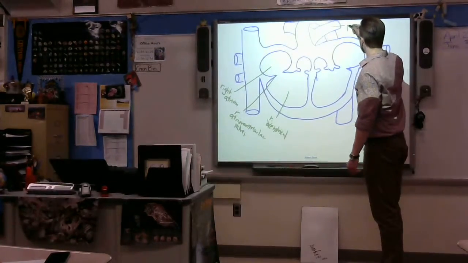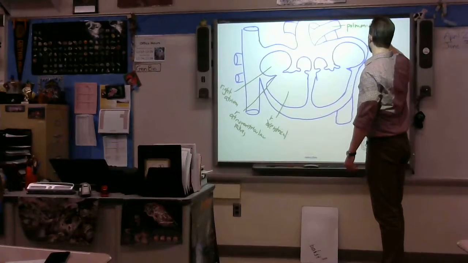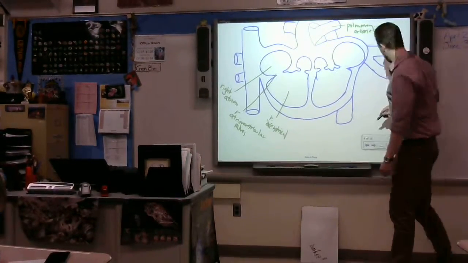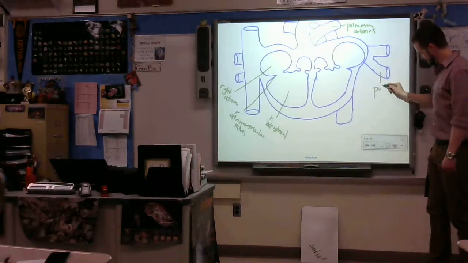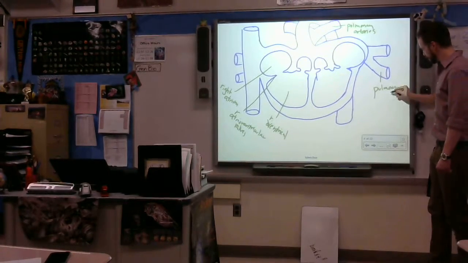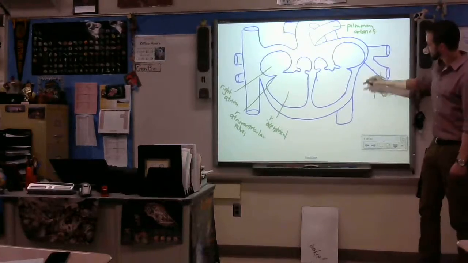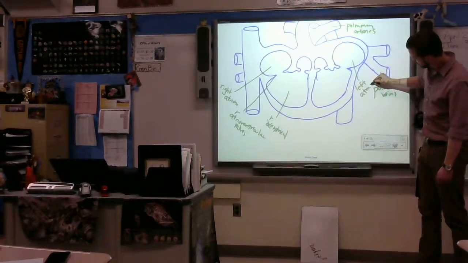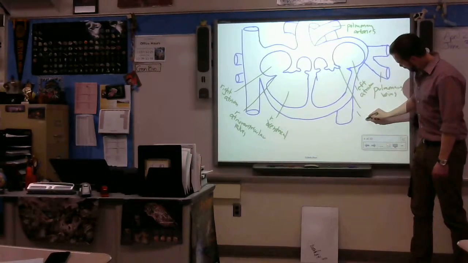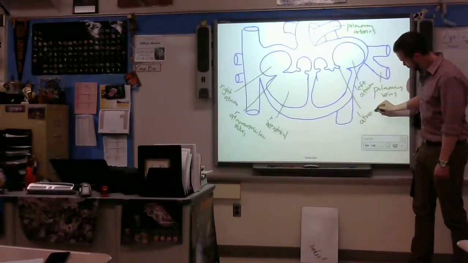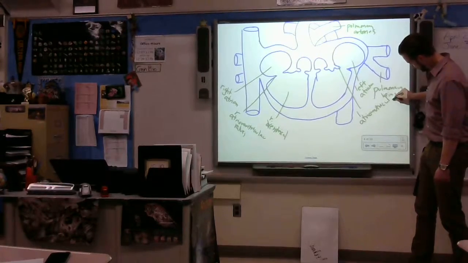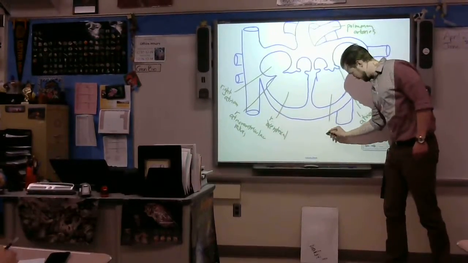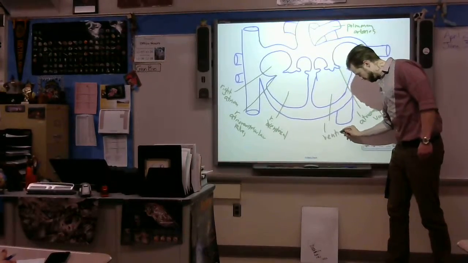These are the pulmonary arteries. Arteries go away. These are the pulmonary veins. The left atrium. Left atrioventricular valves. Left ventricle.